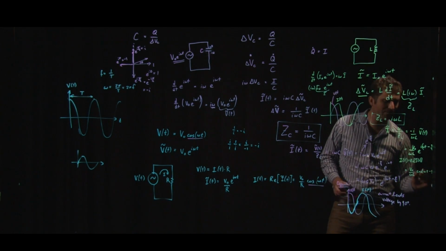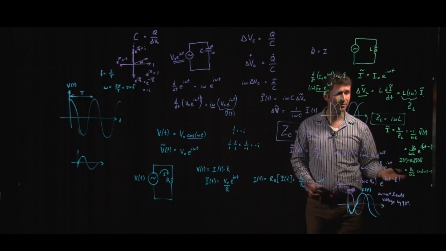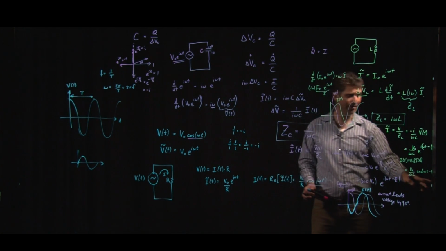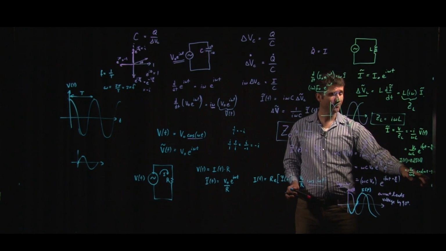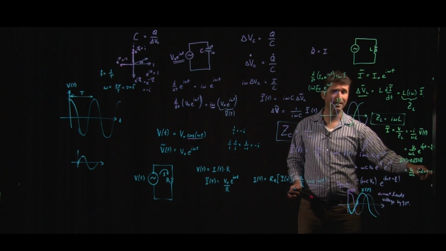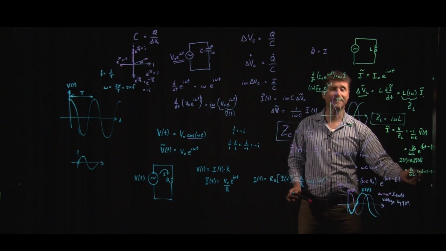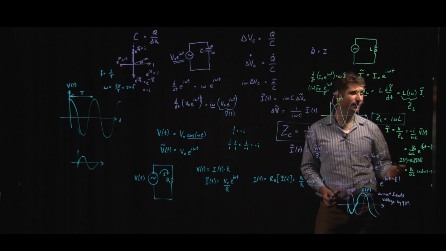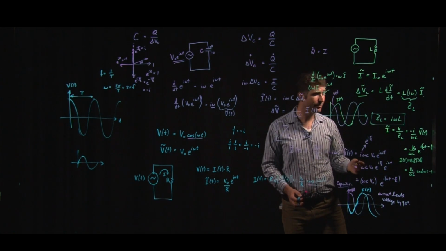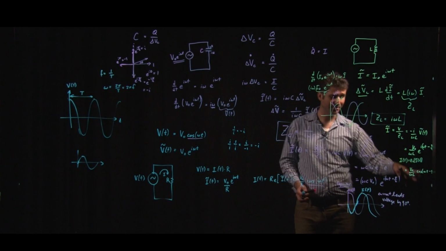And we can play some games to cast that into a sine or a cosine term. In fact, we can just read it off directly here: the cosine of omega t minus pi over 2 is simply the sine of omega t. So we can rewrite these equations as we'd like.